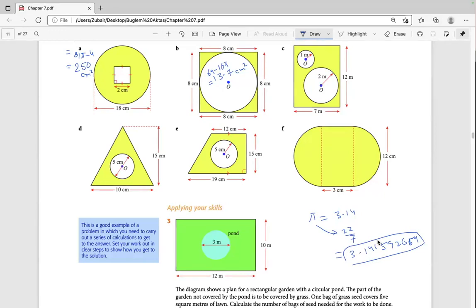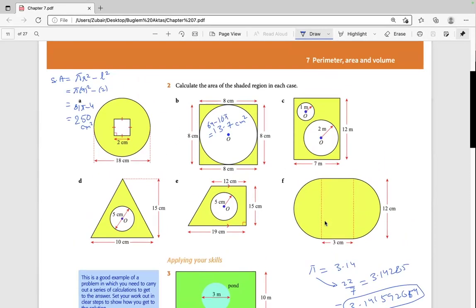So all three are acceptable. 22 by 7 gives you a bit larger value than the other two, approximately 3.14285 and so on. So would it be okay to use any of them, because the question isn't stating anything?